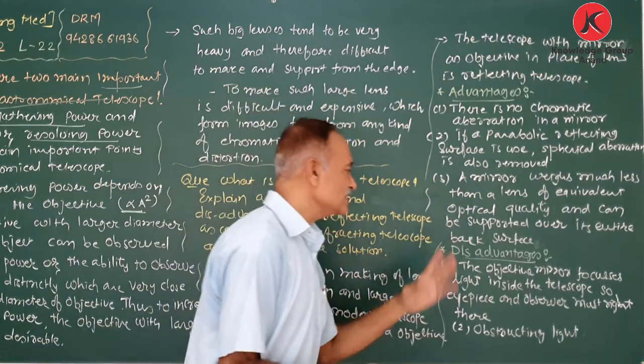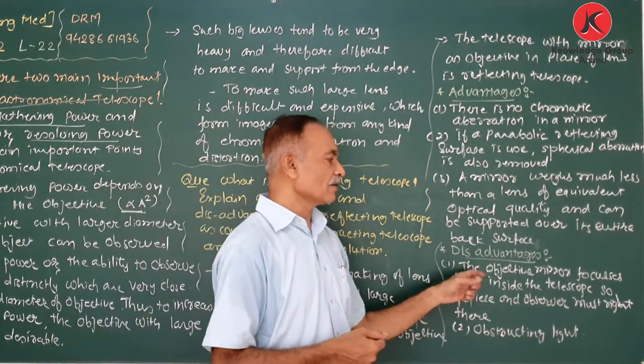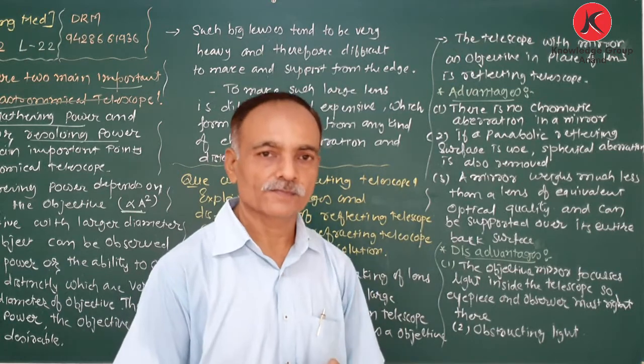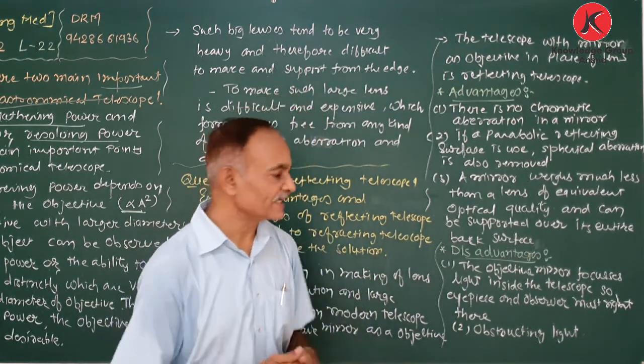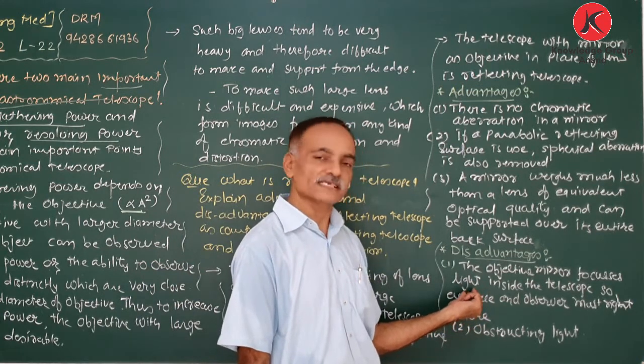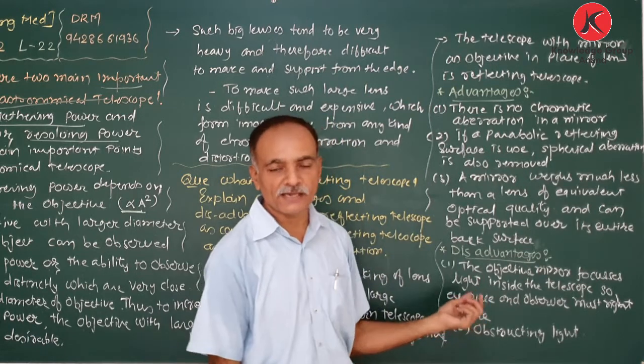Now, what are the disadvantages? The disadvantage is that the objective mirror focuses the light inside the tube. We discussed this in detail in the Cassegrain telescope, because the Cassegrain telescope is a reflecting telescope, and we use a concave mirror as the primary mirror.